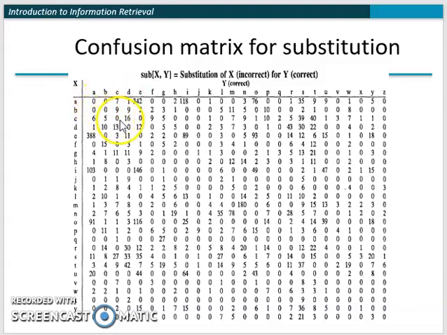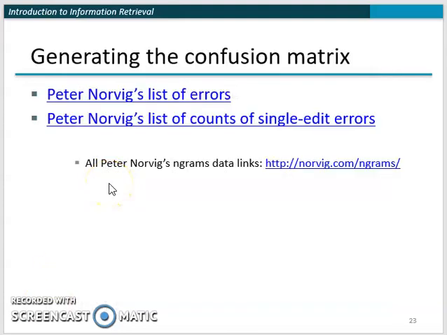And if you look at the diagonal of this, diagonal actually means user wanted to write A and wrote A. That is not a mistake. That is a correct word. That is why diagonal is empty. You can generate your own confusion matrix. There's an online list of errors, and you can use that list to compute this confusion matrix. The link is given here.